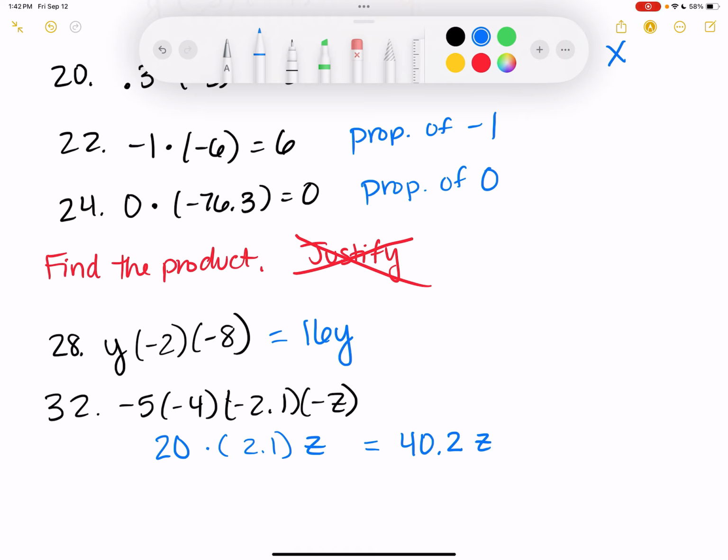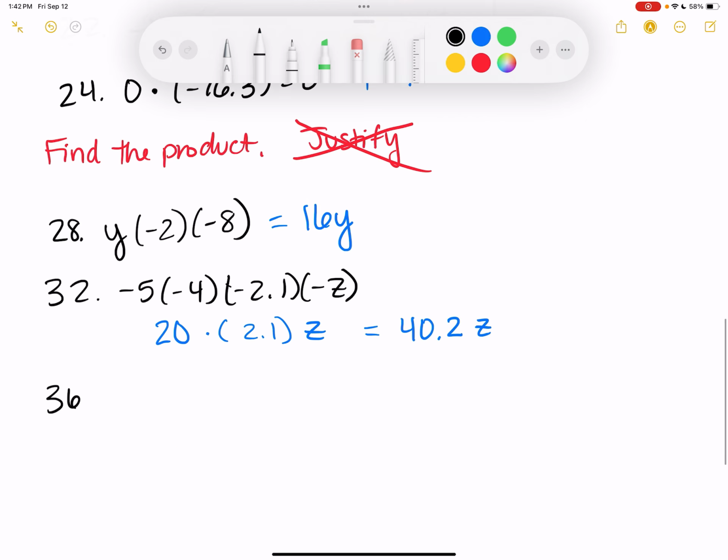How about 36? 1/3 times negative 9 over 10 times negative m times negative m. Is there going to be a positive or a negative? I think it's going to be a negative. Yep.